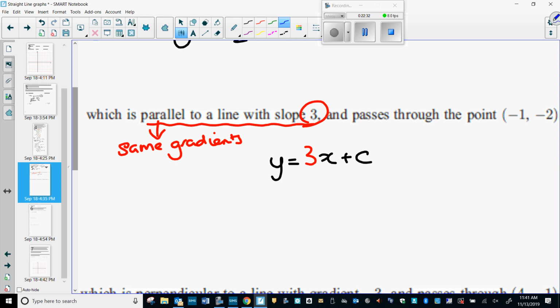The x would be minus 1, and what's the y? That's minus 2. So minus 2 is equal to 3 lots of minus 1.